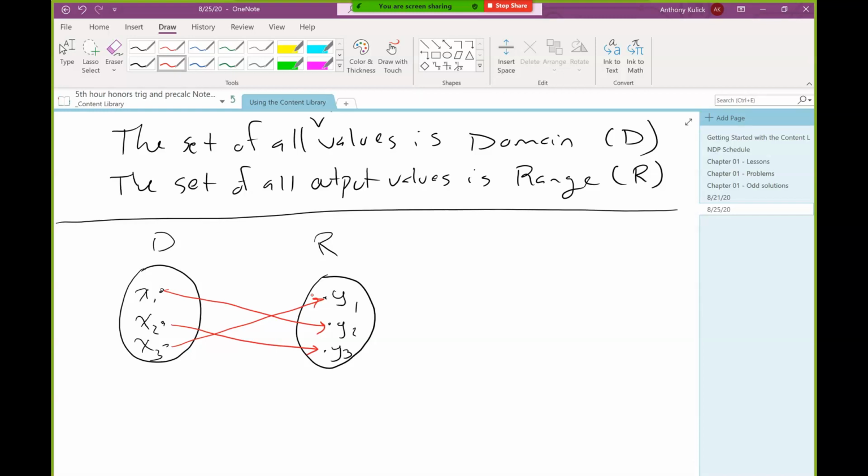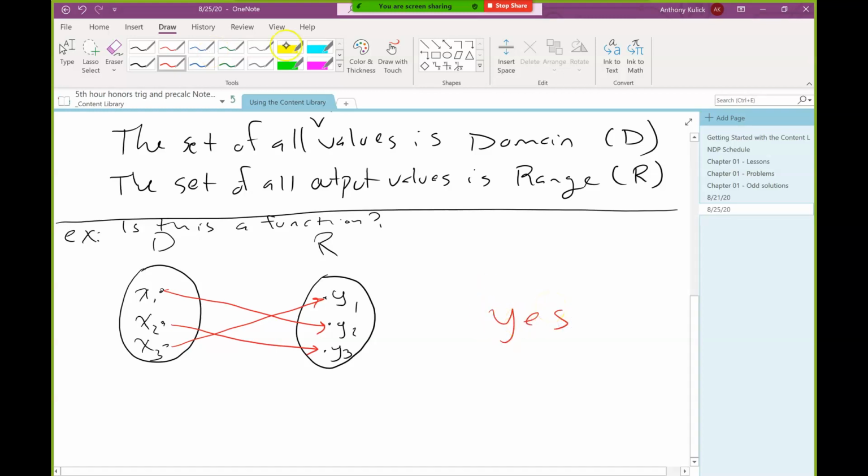So if I look at this mapping diagram, and we want to ask, is this a function? What do you guys say? Yes, right?